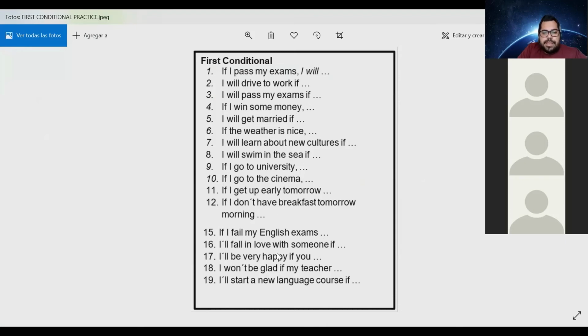I will fall in love with someone if I find a correct girl. If I find a good girl, you said, or a nice girl, or pretty girl?